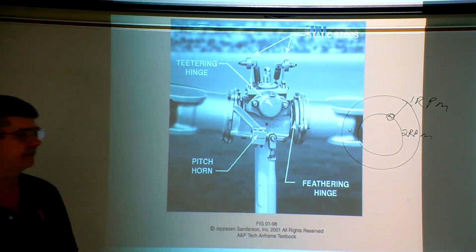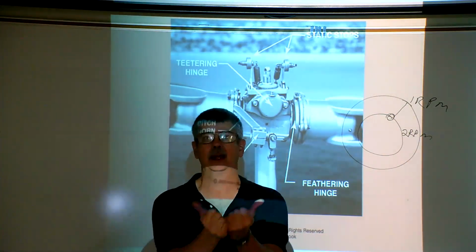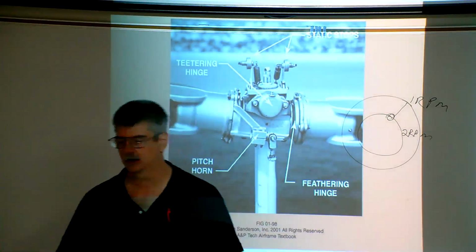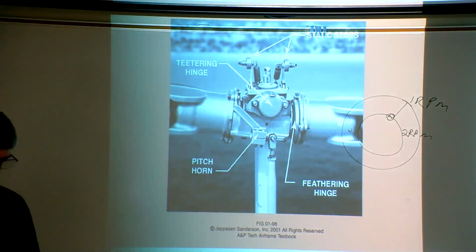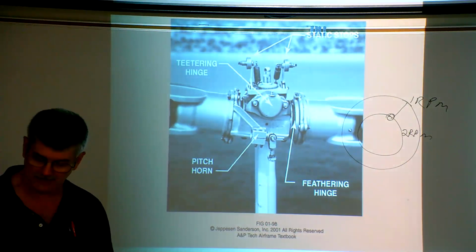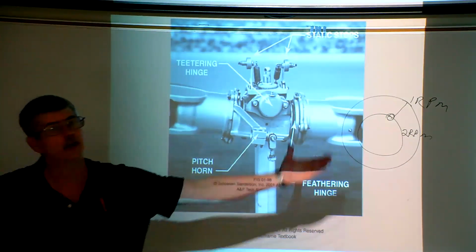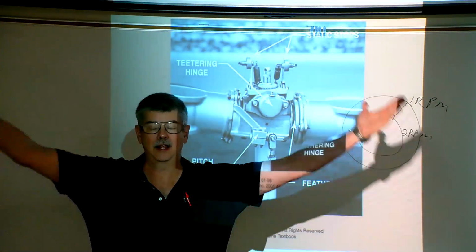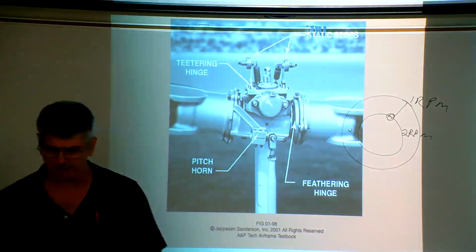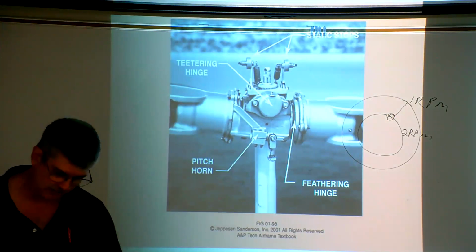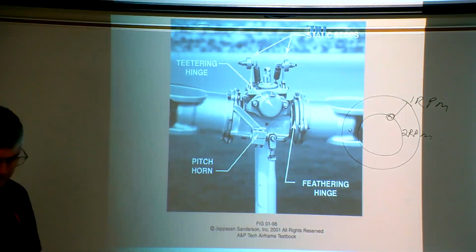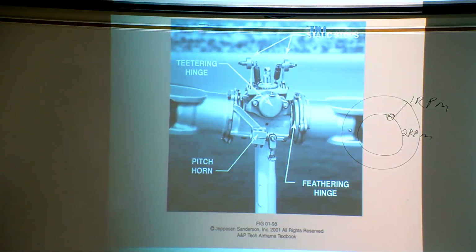We have centrifugal force that's trying to pull the blades out from the center of rotation, okay? And these are very, very strong forces. We also have lift acting on the rotor blades, which then overcomes gravity and they have a tendency to bend upward. Okay? And then we have the two gyroscopic, well, I don't want to skip anything.